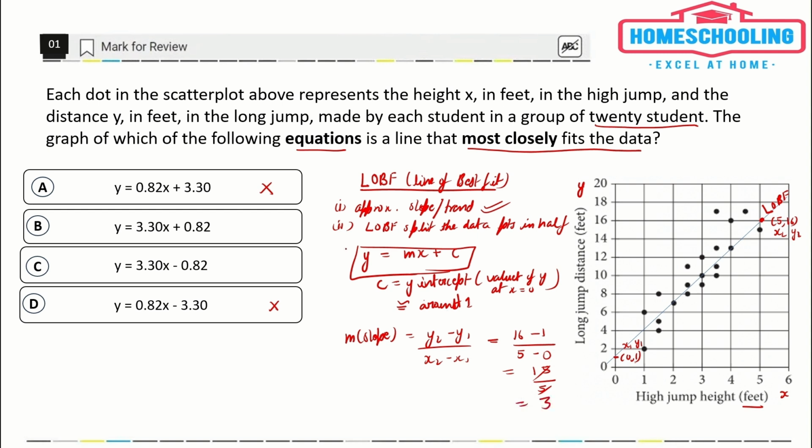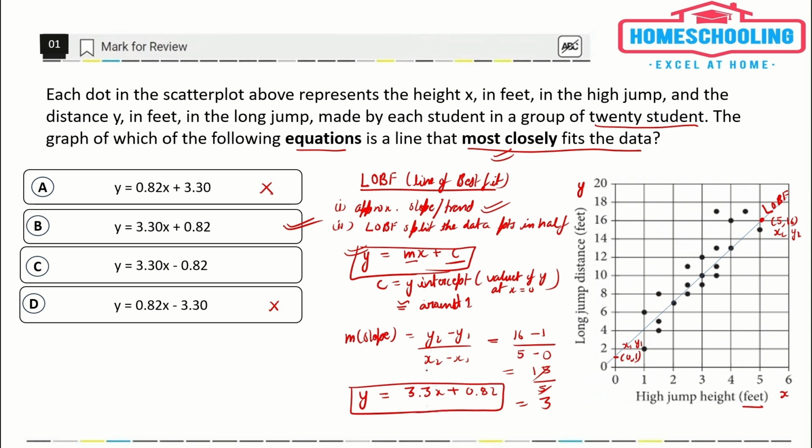Now we are going to put the value of slope and y-intercept into the basic equation. Because we have to find the most closely fitting line, our slope m is 3, approximately near 3.3. So we will take 3.3x plus c, where the y-intercept is somewhere around 1, so plus 0.82. So option B is your correct answer.